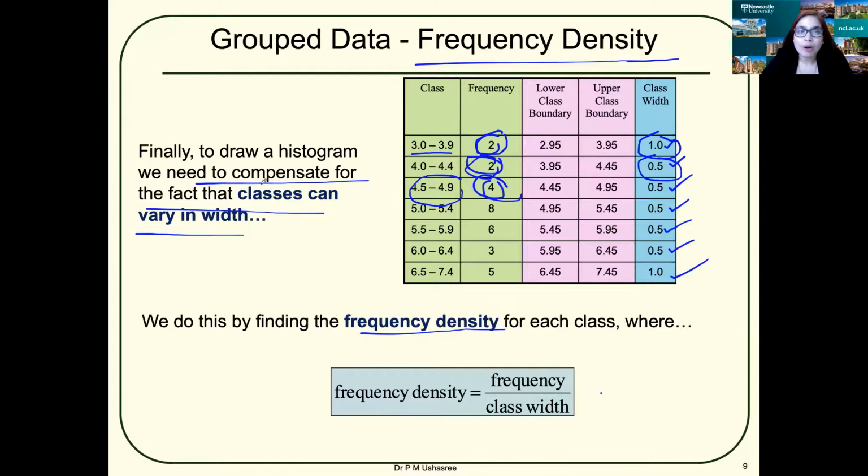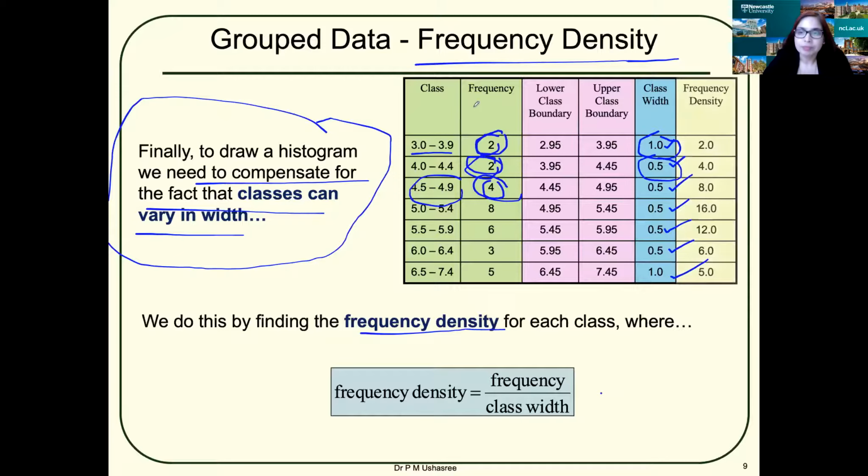This will compensate for whatever method we choose to make our grouped frequency table. We are all talking about the same data and may represent it in different ways, but frequency density will compensate for it.